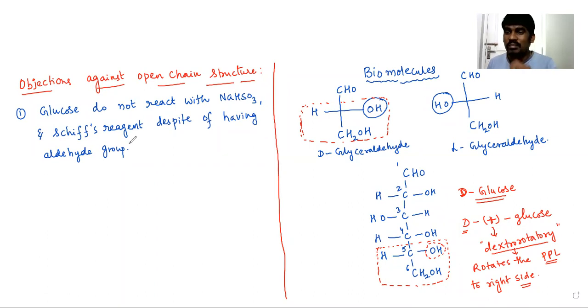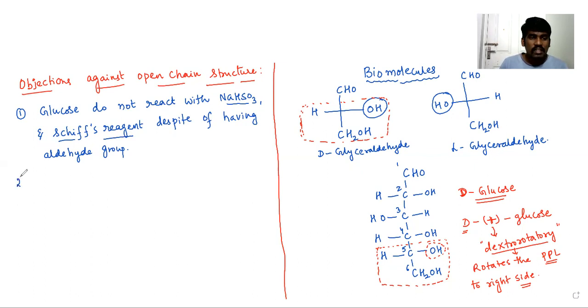So pink coloration can be observed, which indicates the presence of an aldehyde functional group. These are characteristic reactions for aldehyde-containing compounds, right? But though glucose contains an aldehyde, it is not giving the reaction with NaHSO3 and the reaction with Schiff's reagent.